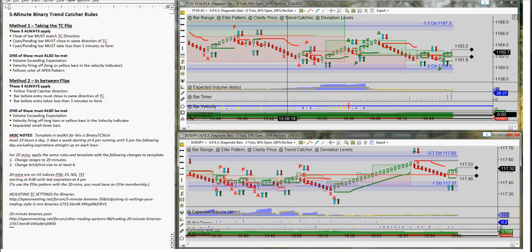Yesterday I started 2 links. One was for the 20 minutes, and I'm hoping you guys that are trading the 20 minutes will put your findings there. I put what I used to do in the 20 minutes, because I don't do them so much anymore. 5 minutes came along, but I was having great success with the 20 minutes.